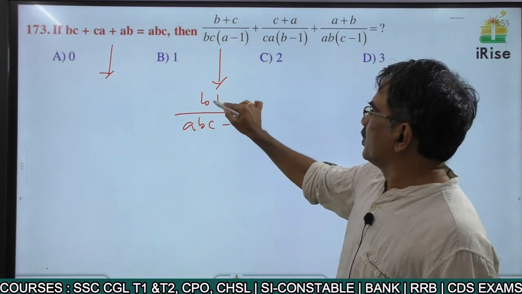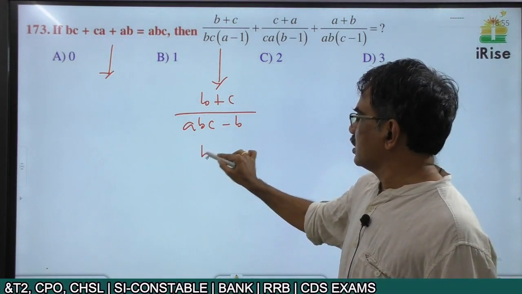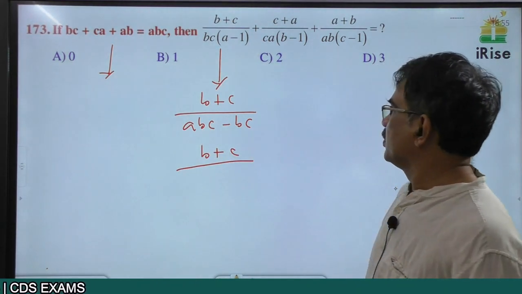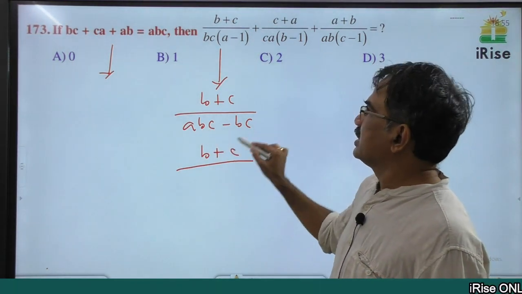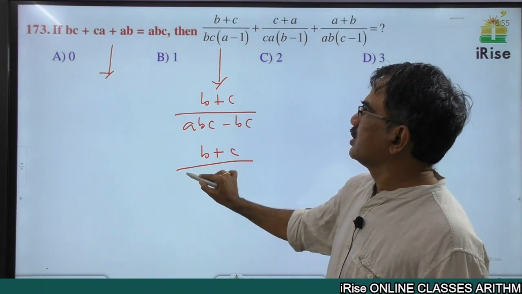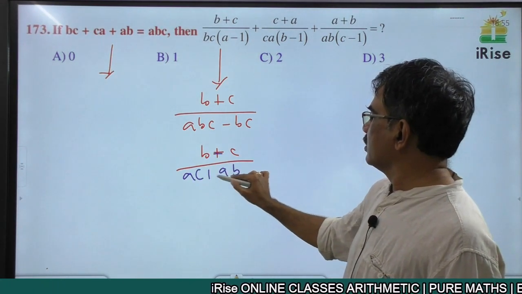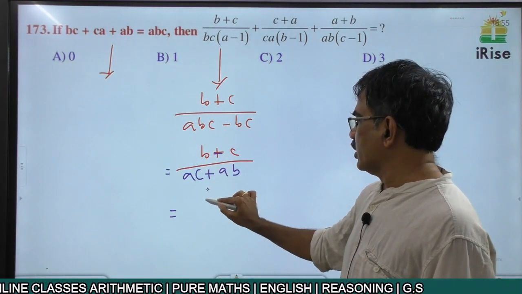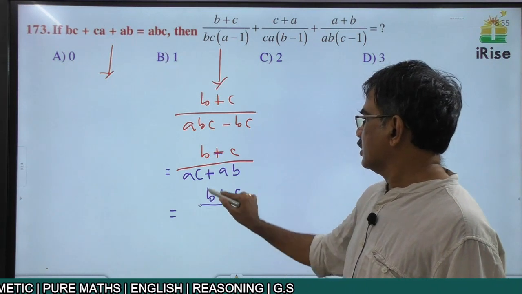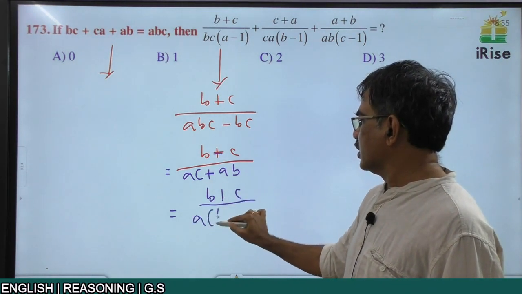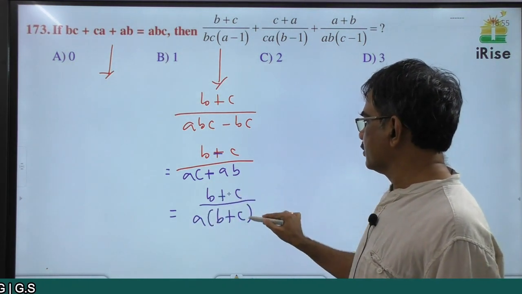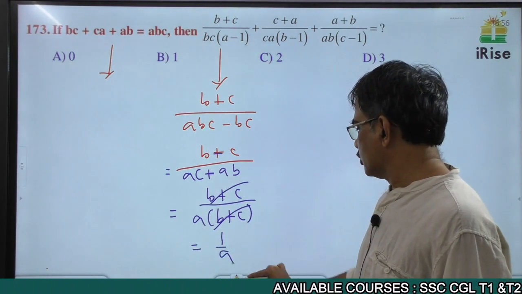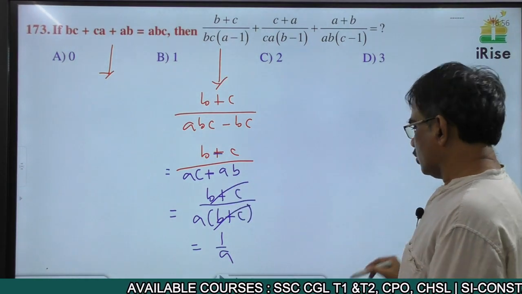So the first part is nothing but b plus c by ac plus ab. By taking a common, we get b plus c again. b plus c cancel, 1 by a. So the first part is 1 by a.